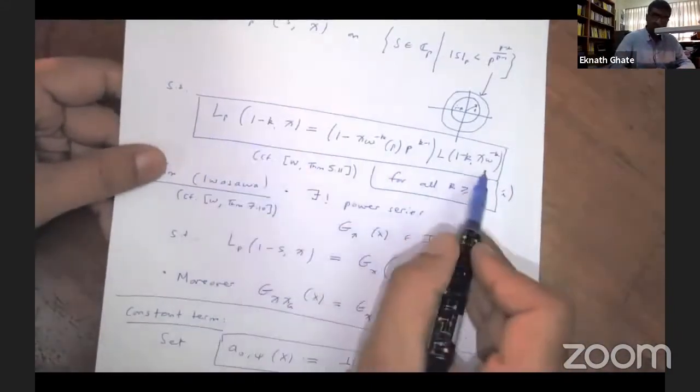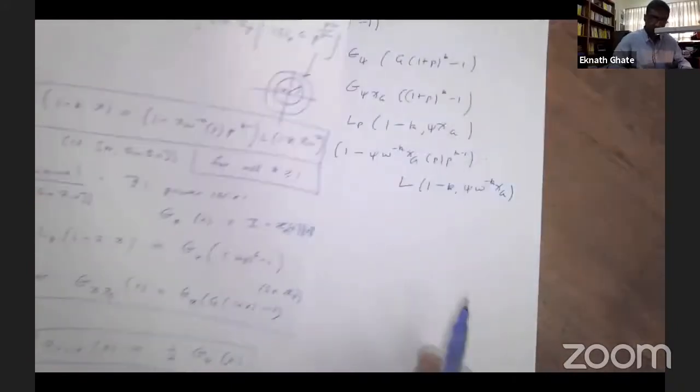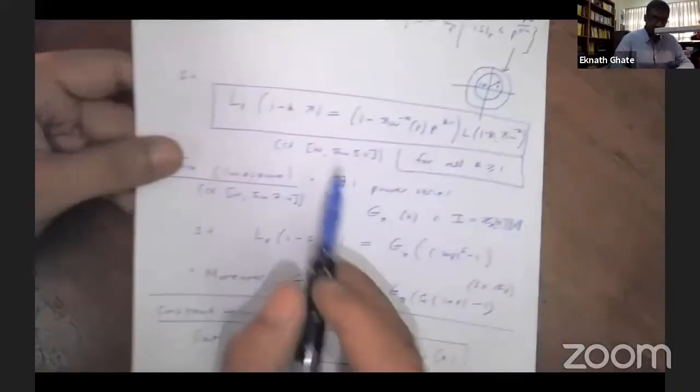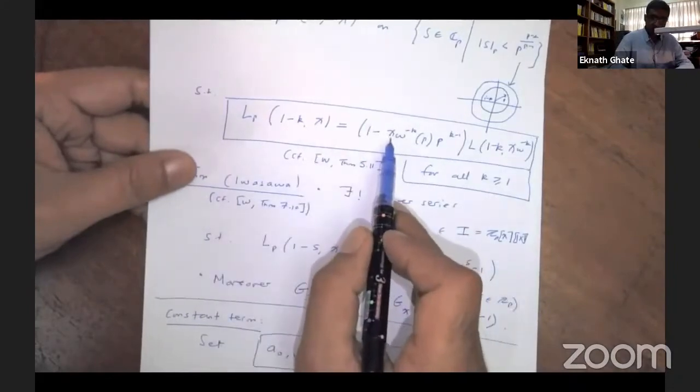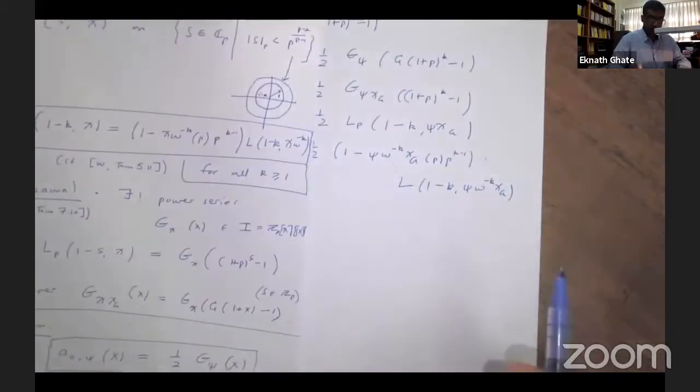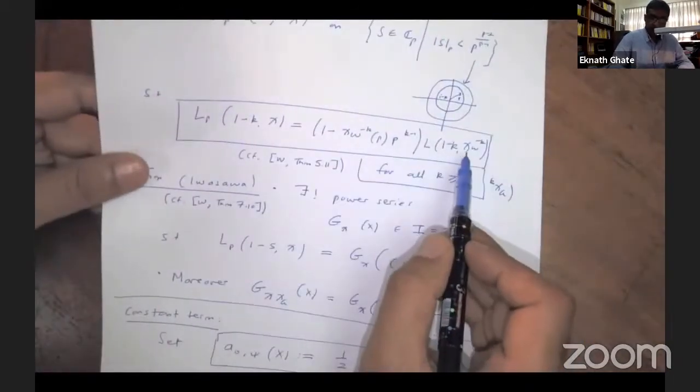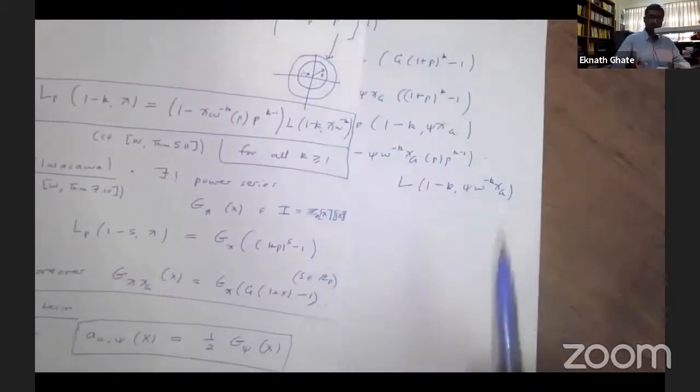I'm using this formula over here, but with chi equal to psi chi zeta. So you put a psi chi zeta here, you get a psi chi zeta here, and I move the omega minus k into the center. And psi chi zeta here will give you a psi chi zeta omega minus k.